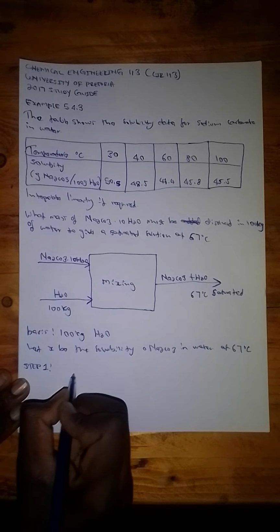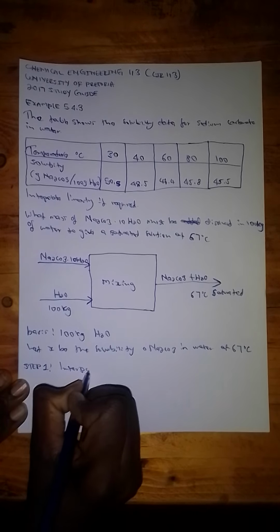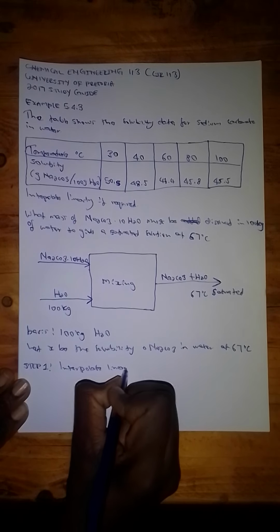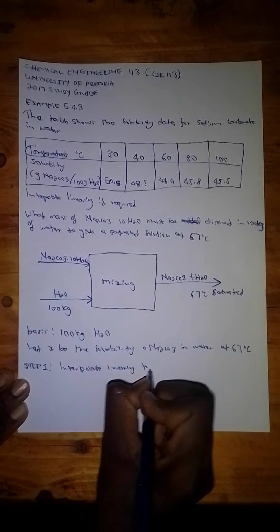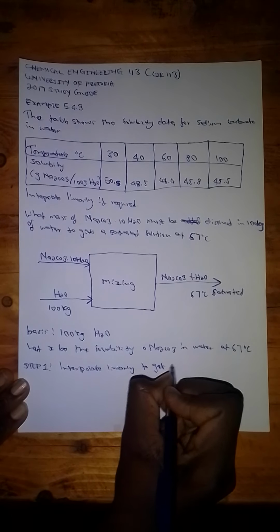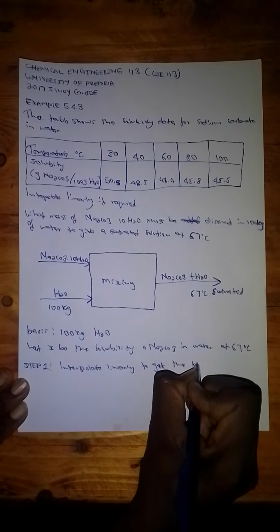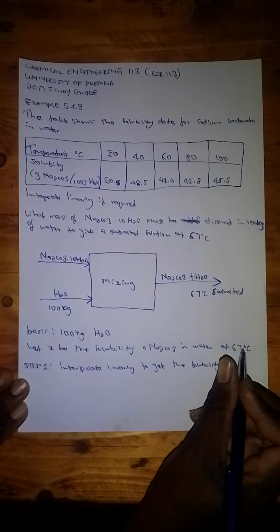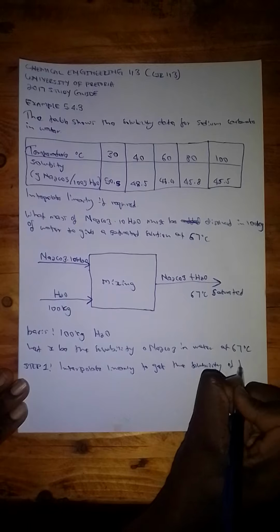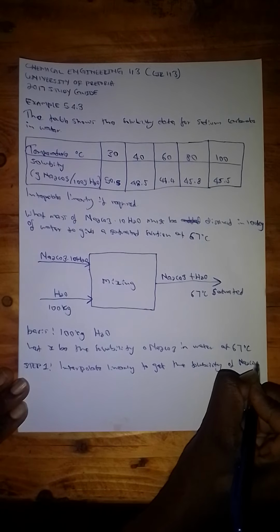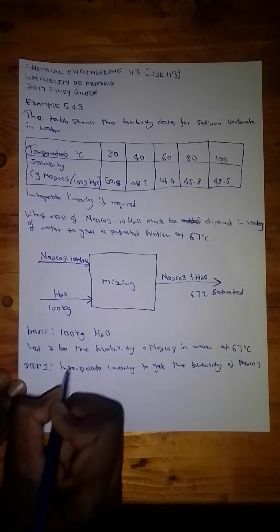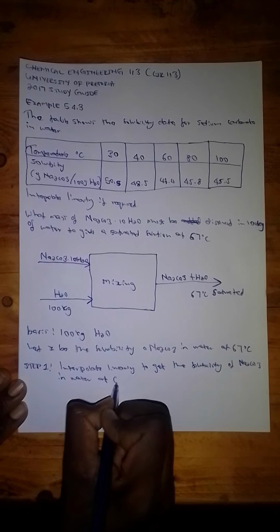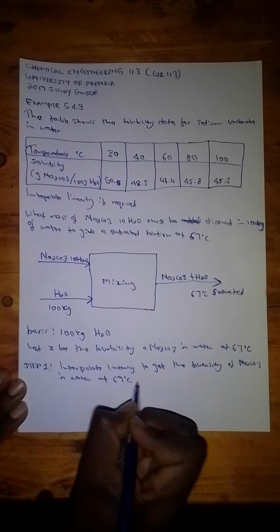Let me just write here that step 1 is to interpolate linearly to get the solubility of Na2CO3 in water at 67 degrees Celsius.